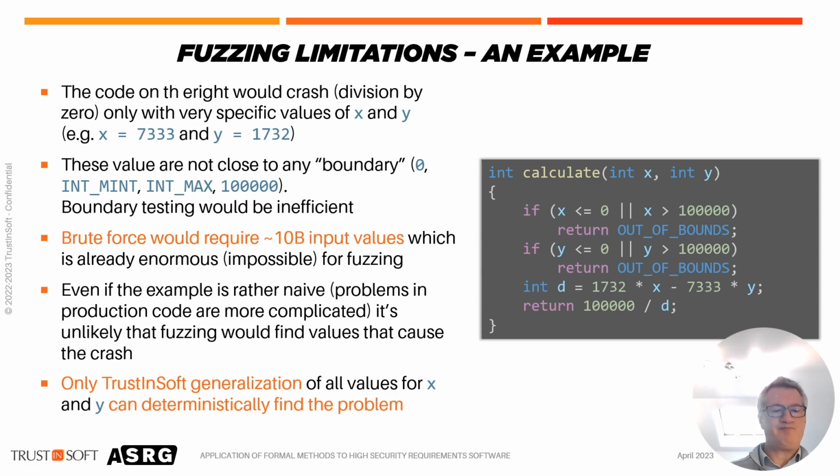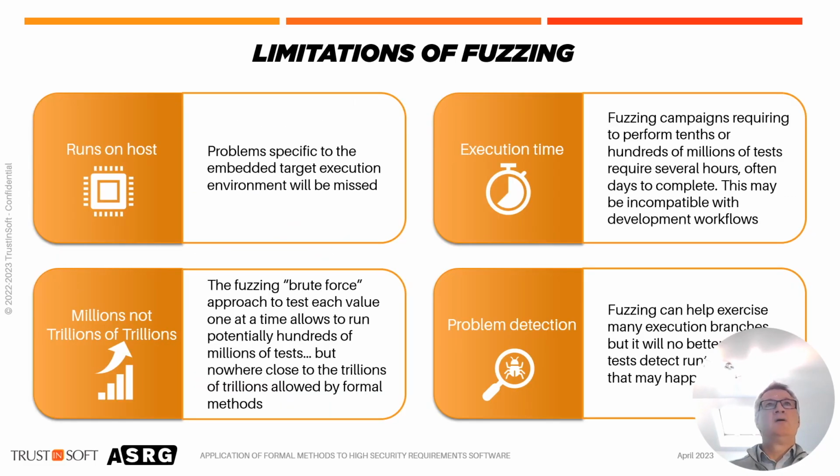So again, formal methods and the TrustInSoft analyzer go beyond what fuzzing can do. To summarize, fuzzing is an excellent technique, but it has some limitations, and those limitations are well addressed by formal methods.